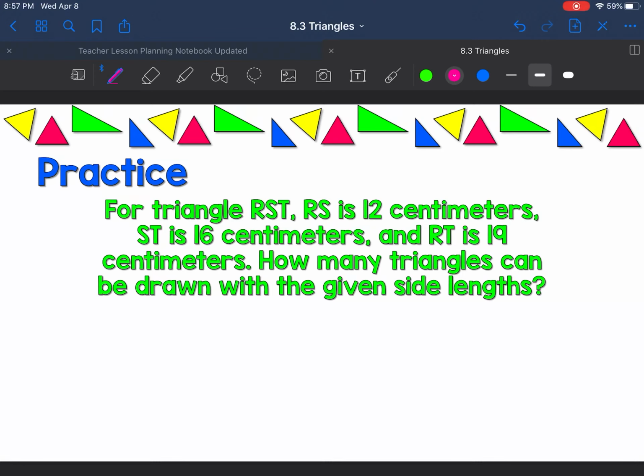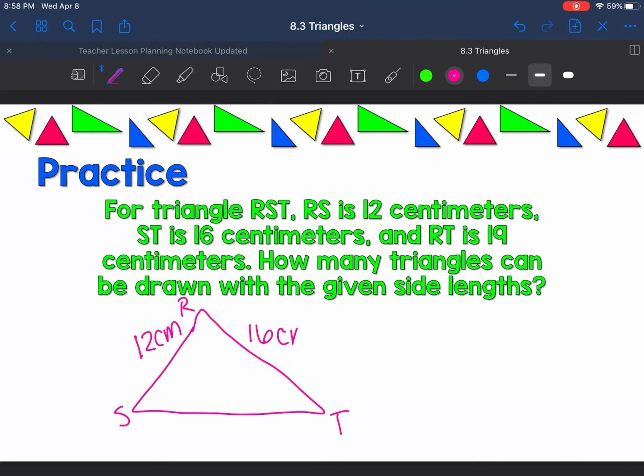So you have a triangle R, S, and T. Let's draw our triangle. I just made a random triangle. So this is R, this is S, this is T. It says 12 centimeters, 16 centimeters, and 19 centimeters. So I drew that this all connected.